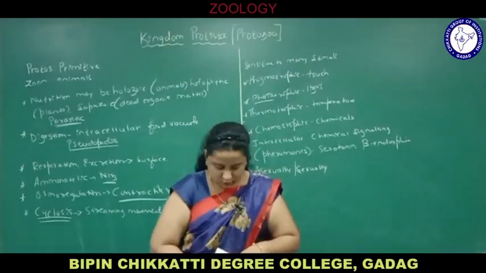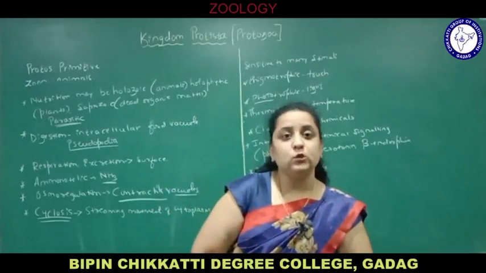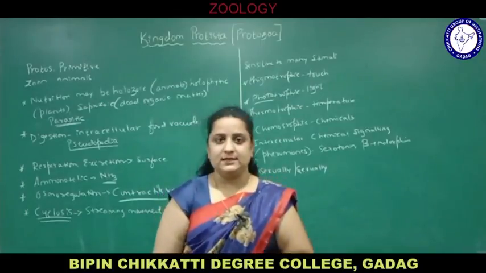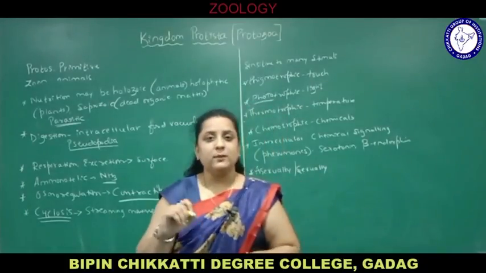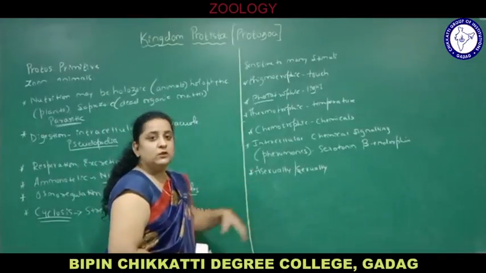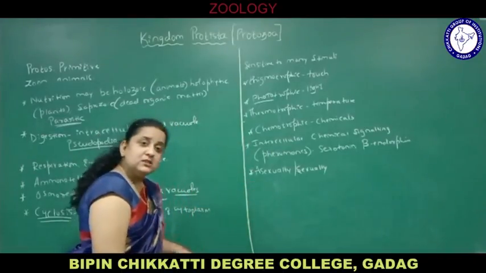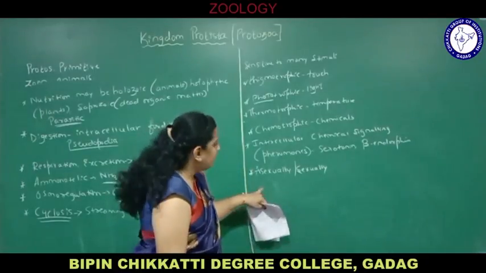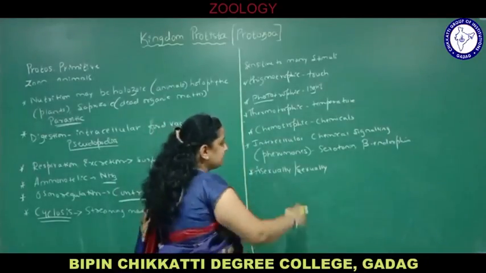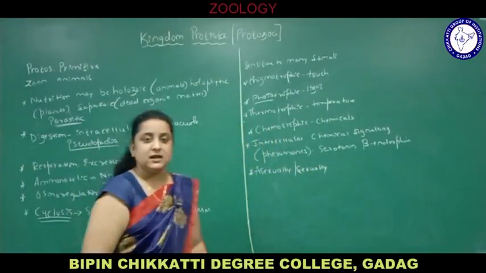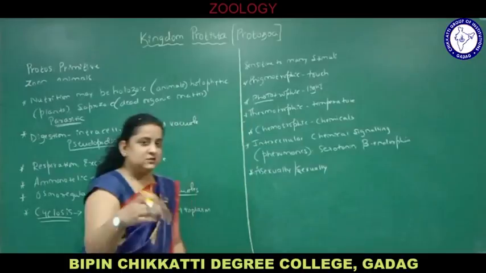Asexual is a mode of reproduction where it is uniparental and there is no formation and fusion of gametes, and the offspring produced are exactly similar to their parents. You remember that. So they are called clones. Whereas sexually reproducing organisms are biparental, there is formation and fusion of gametes and fertilization takes place.